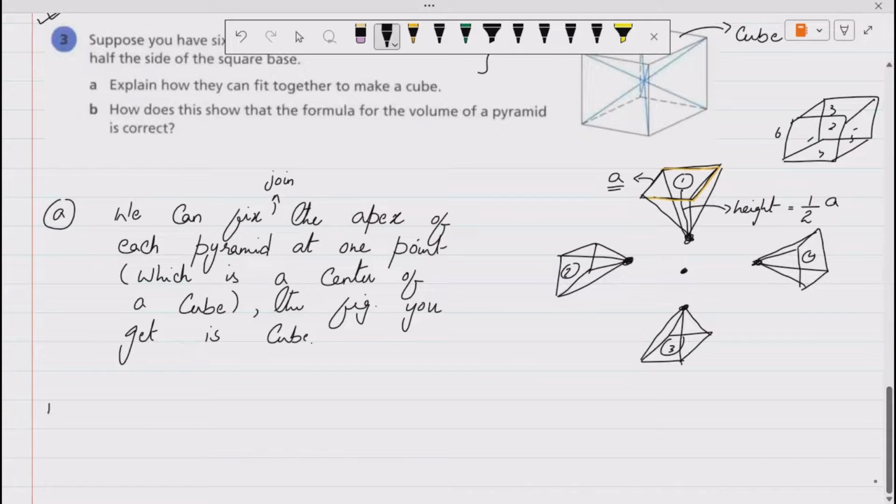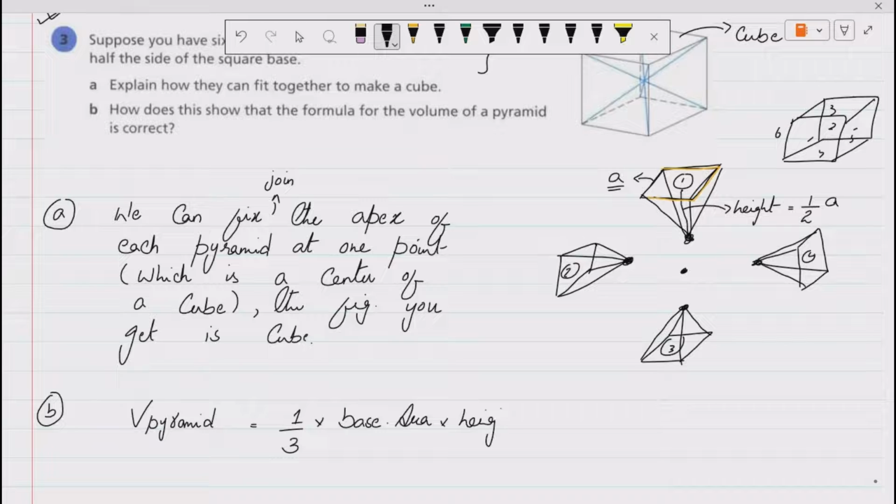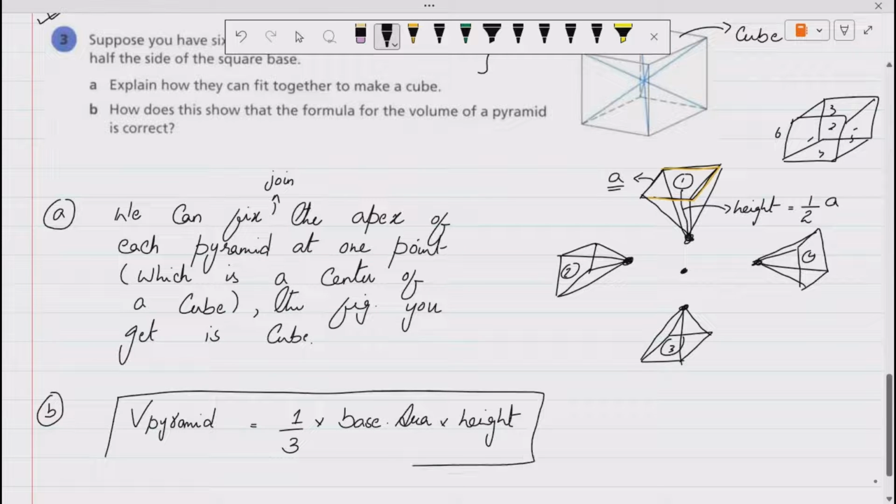The volume of a pyramid, we learned, is 1 upon 3 multiplied by base area multiplied by height. So by this scenario, we have to prove that this formula is correct.